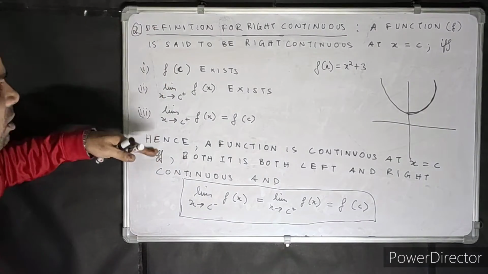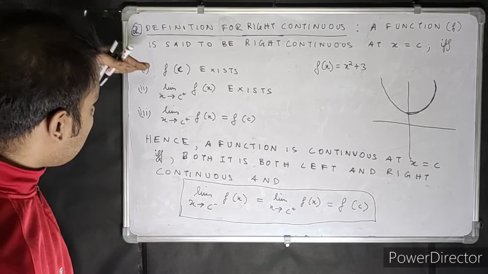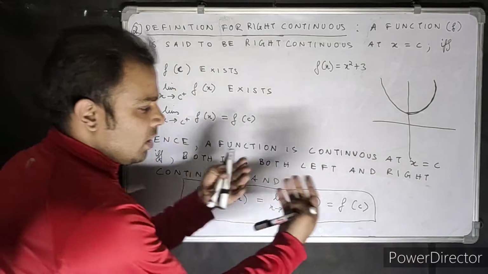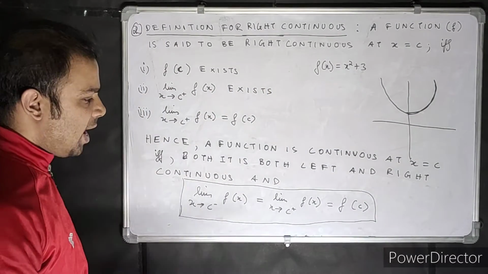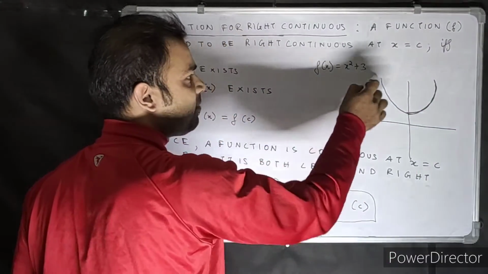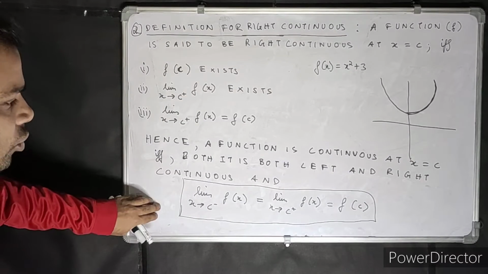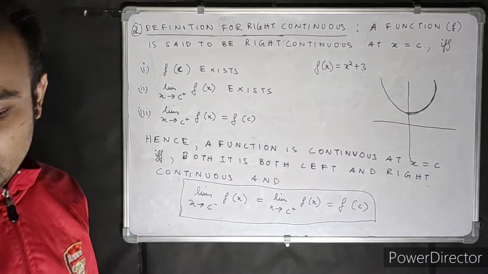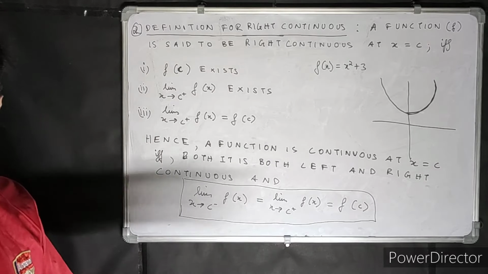In both ways, when you get all 3 parts correct on the left side, and all 3 parts correct on the right side, and then the third part becomes equal to the function when you put c over there, then you understand that this graph, this type of equation, is continuous in both ways. So this shows that a function is continuous at x equal to c, where some point is given to you. Now a function fails to be continuous at x equal to c for the following reasons.